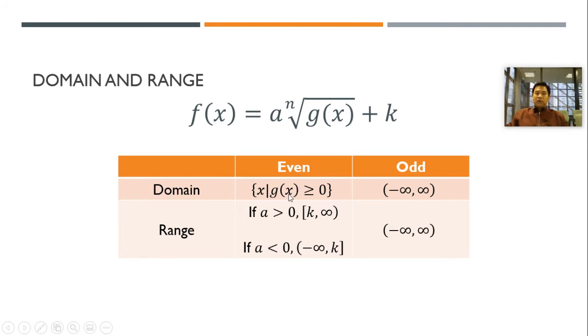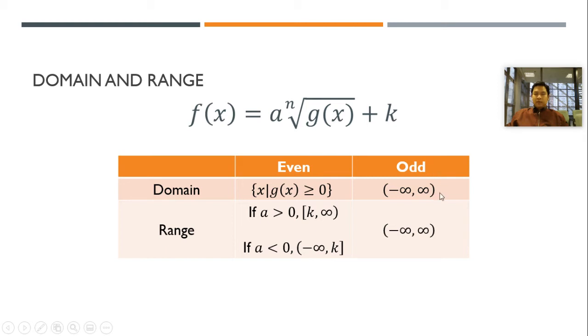Even roots will only concern themselves with x values that make the radicand non-negative. So what happens to the range? It gets restricted. If this a here, this coefficient, is positive, that means this constant is the smallest value. If it's negative, this constant would be the highest value.